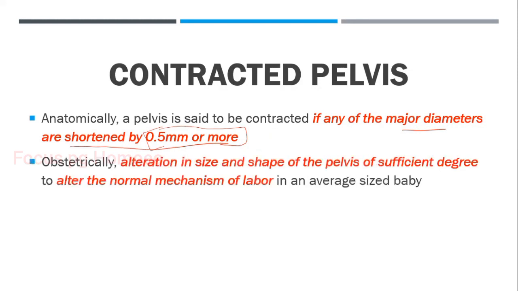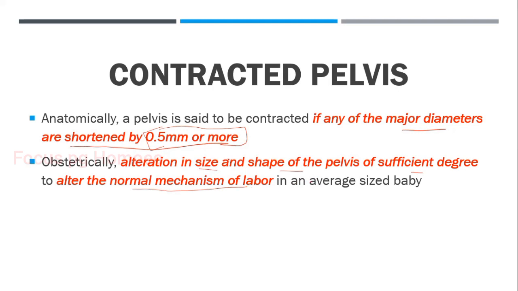Now, obstetrically, when it comes to practical application, a contracted pelvis is one where there is alteration in size and shape of the pelvis of sufficient degree to alter the normal mechanism of labor. So the normal mechanism is not able to happen, or it is becoming difficult for the normal mechanism of labor to occur, then it is called a contracted pelvis.